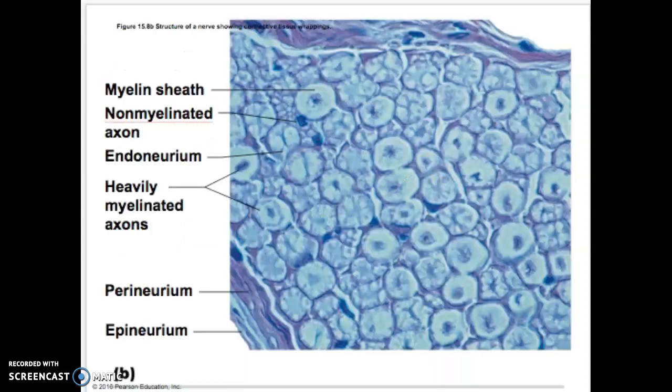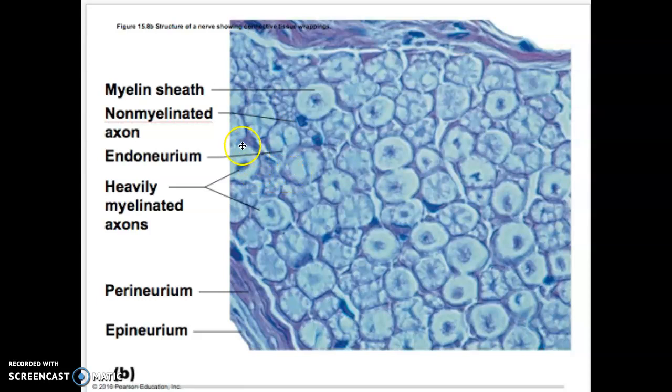So this is a slide that is a cross section of a nerve. And so myelin kind of looks like a marshmallow with a stick through it, right? So the stick would be the axon, and the myelin forms the marshmallow. And so surrounding this myelin, you're going to have that endoneurium, that connective tissue that surrounds each axon and its myelin sheath.